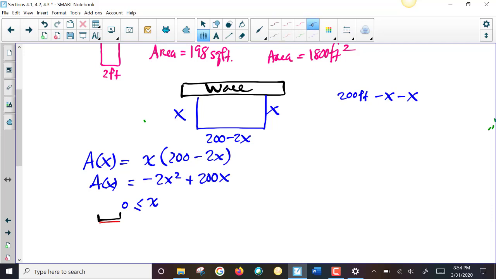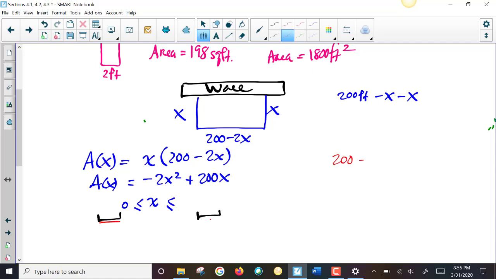Okay, so what's the maximum that x could be? Well, think about if our fence was the other way. Here's our wall, and then our fence had no width. So what would make 200 minus 2x equal to 0?